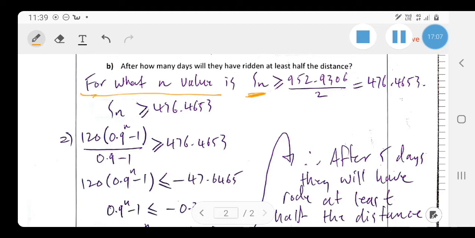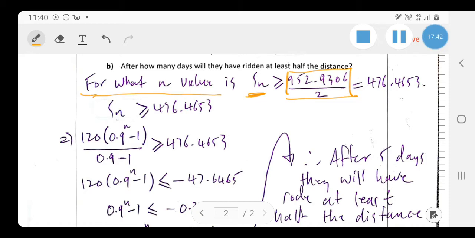Sn, a new sum, is greater than or equal to what we just calculated, the total distance over the 15 days divided by 2. So for this new sum, Sn, we need to find n such that Sn is greater than or equal to that number divided by 2, which it turns out is 476.4653 kilometers.